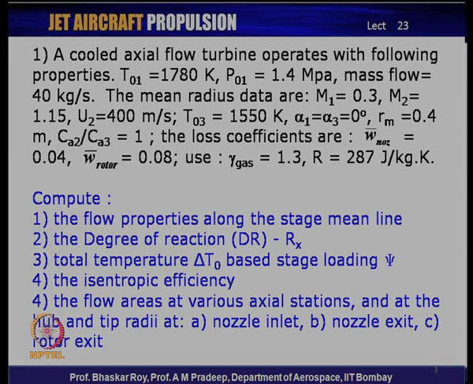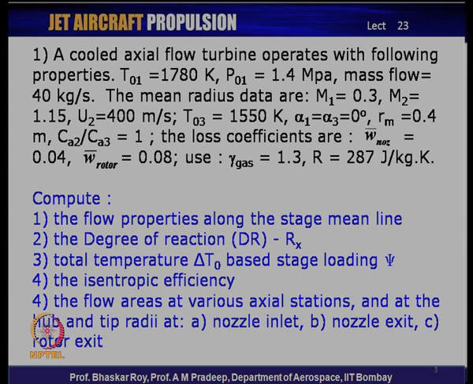That of course, simplifies the problem, but it is also reasonably realistic. So, it is not just ideally simplified, but it does represent a realistic flow situation. And then at the mean, the radius is 0.4 meters, and as I mentioned, it represents probably a medium sized engine.